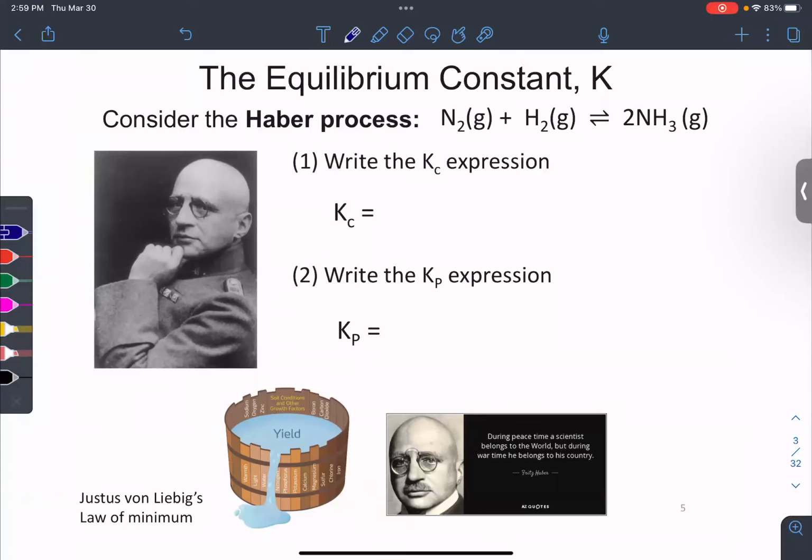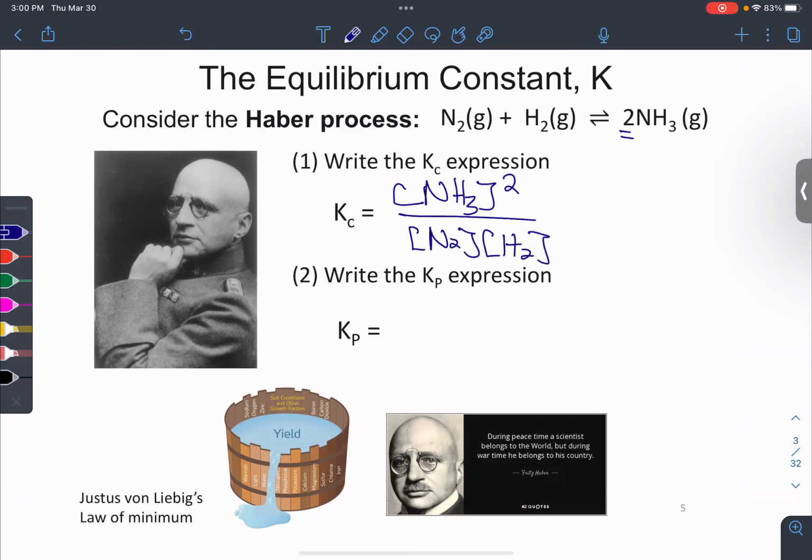So when writing the expression, I just remember products over reactants. So I'm going to write the product, NH3, concentration, so I'm going to use the brackets. But what's missing? I also need a 2 exponent because there's a 2 coefficient. Products over reactants, so there's my product, then my reactants, N2, H2, concentration.